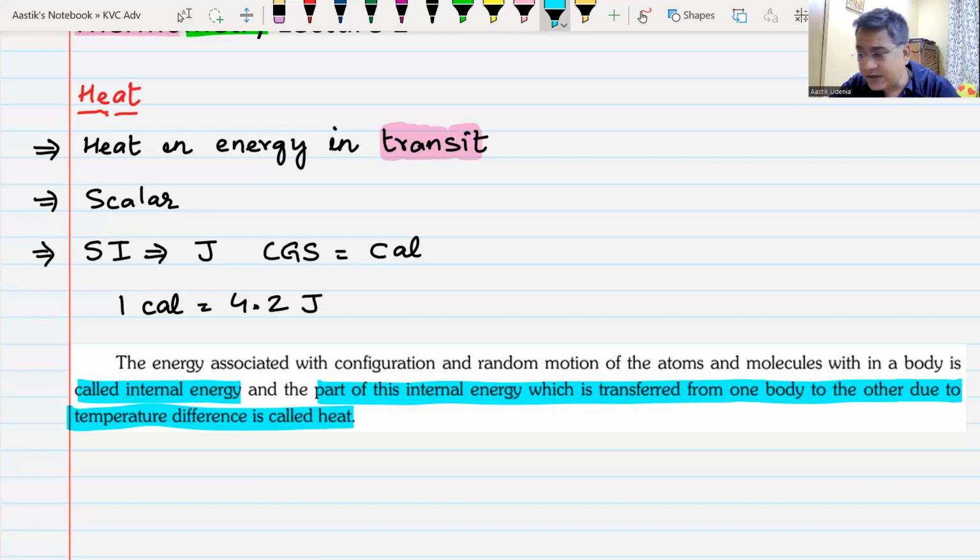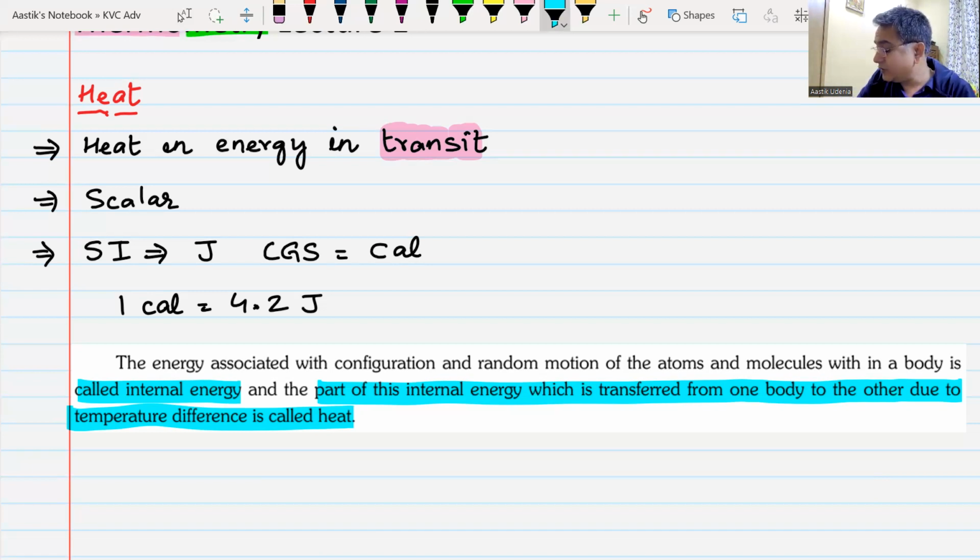So heat is a form of energy. It is only defined when it is getting transferred from one body to the other body, and that too only because of difference in temperature. We have seen how much is 1 calorie. 1 calorie is 4.2 joules.